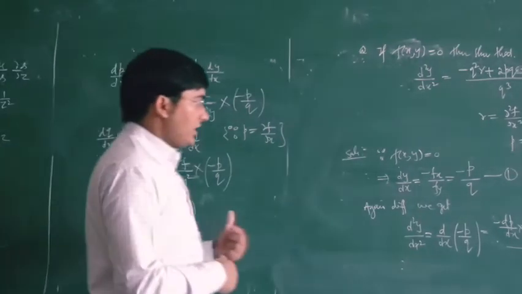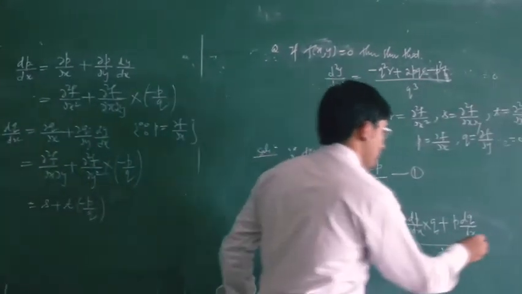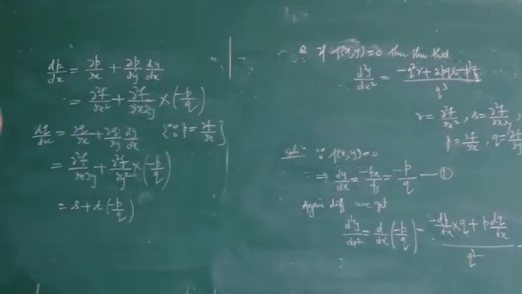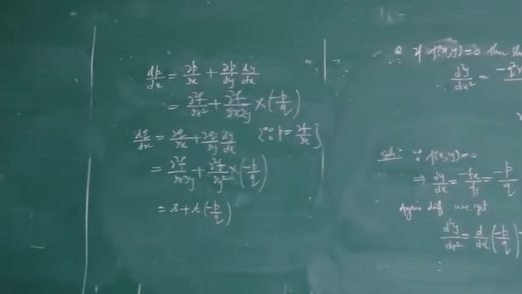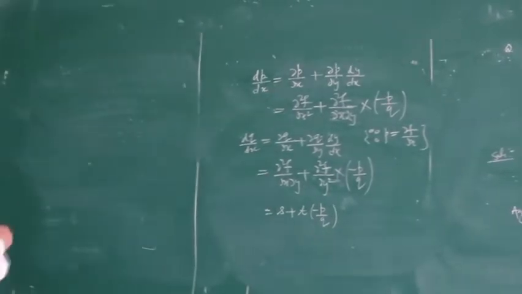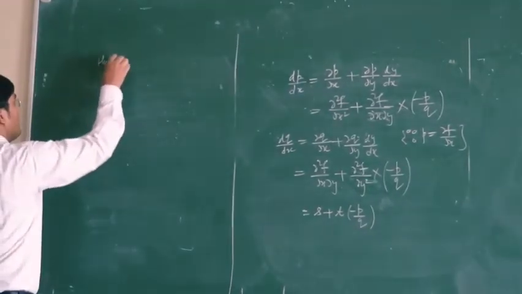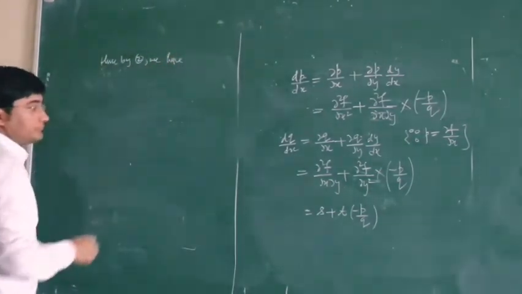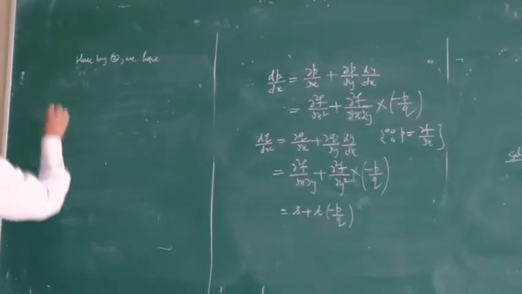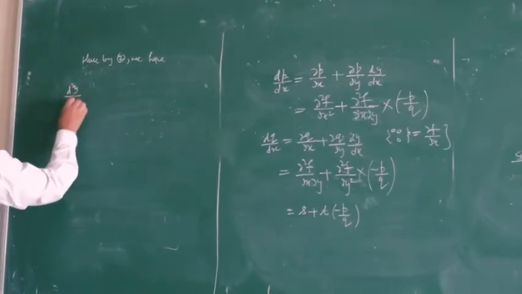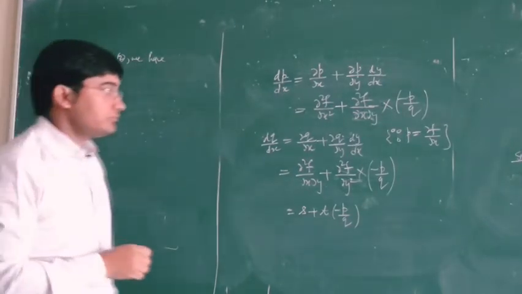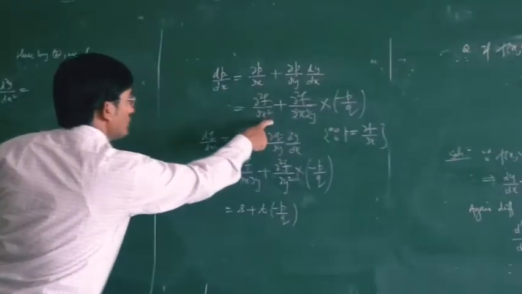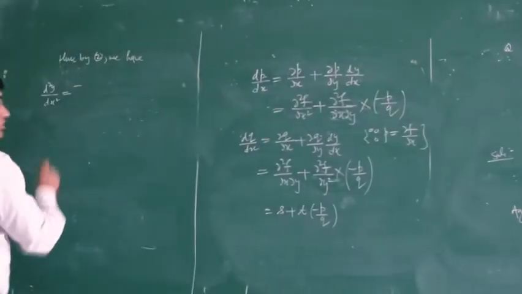So let us put these values in equation number 2. So by 2 we have d2y by dx2 equal to minus dp by dx, this is your this one, into q.